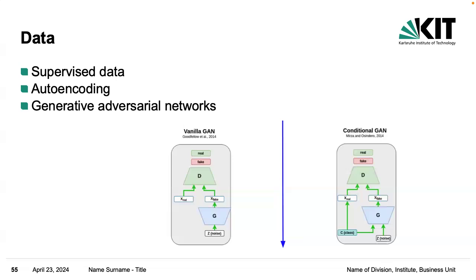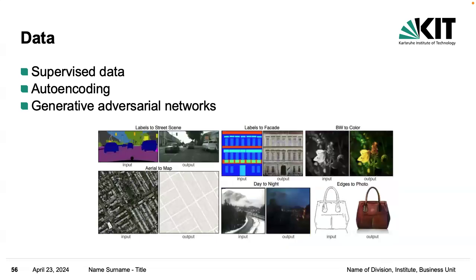This is, of course, especially interesting in vision tasks where you have continuous output. So here are some examples. This is a conditional one. Just imagine you have an input, a segmentation, and you want to generate a real image out of that. Or you have an aerial image and you want to generate that. So how do you train the generator based on that?